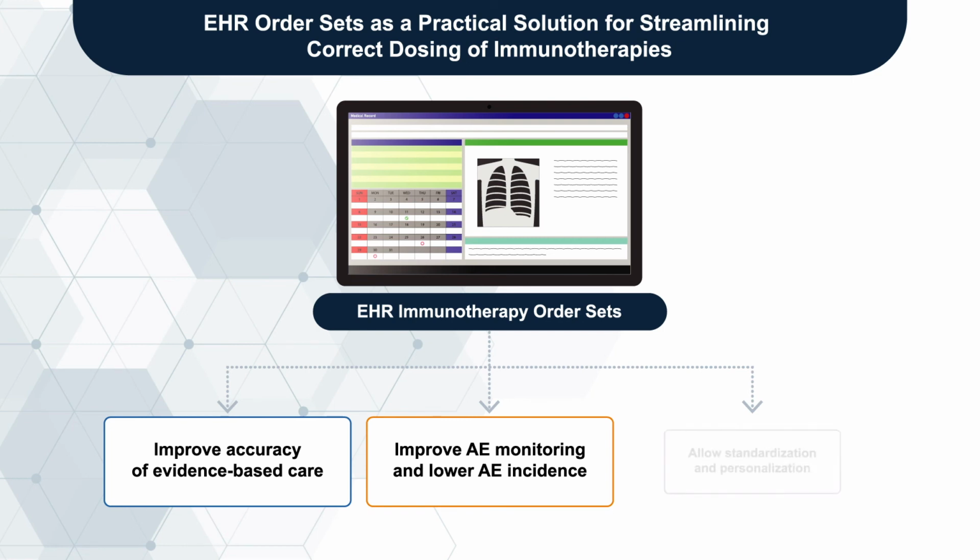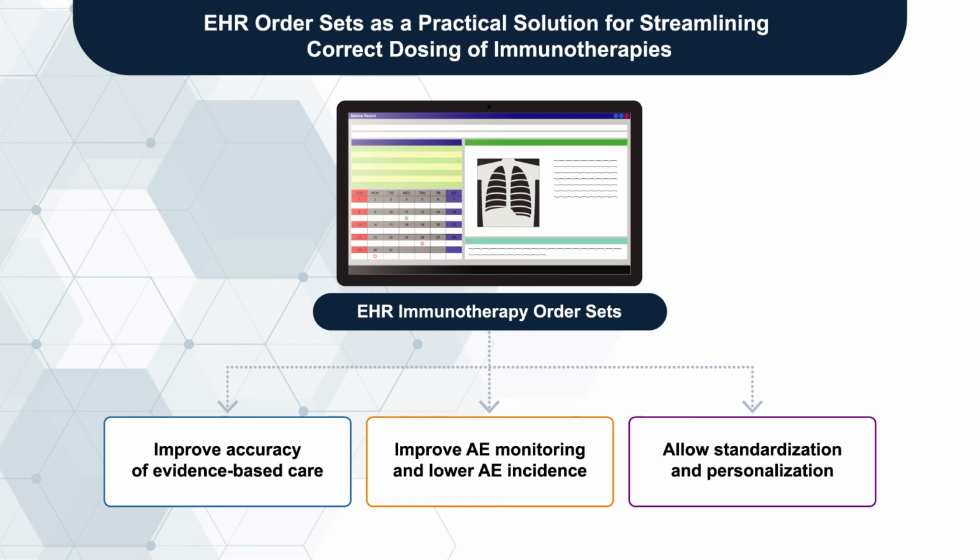Order sets enable standardization while allowing content to be modified based on the needs of a specific patient. Immunotherapy dosing order sets can be established in the electronic health record to ensure correct dosing selection for different therapies and indications. This is becoming increasingly important as the number and complexity of available immunomodulatory therapies increase and the indications for use expand.